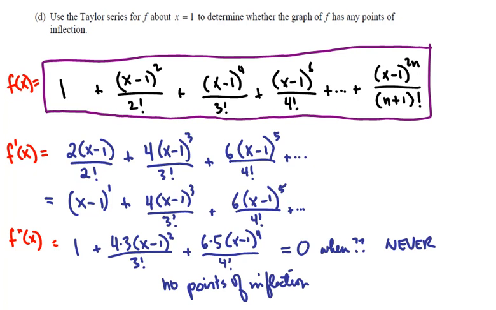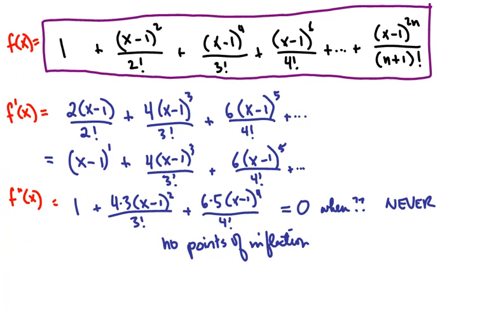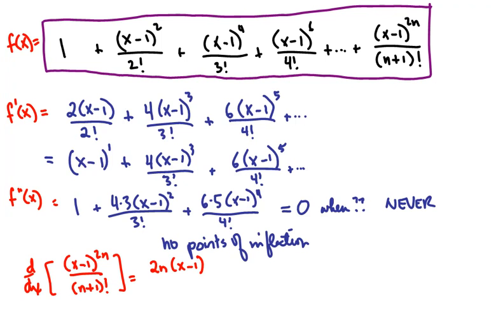Now, in the event we were looking for the general term of this second derivative, you might find that just by taking the second derivative of the general term of the original function. So for example, the derivative of x minus 1 to the 2n over n plus 1 factorial, we'd bring down the 2n, and the new exponent would be 2n minus 1, and n plus 1 factorial would still remain.